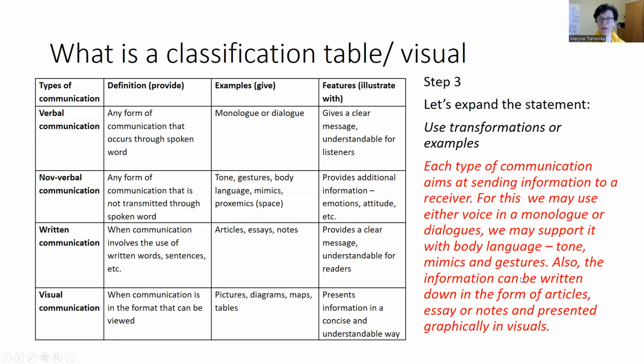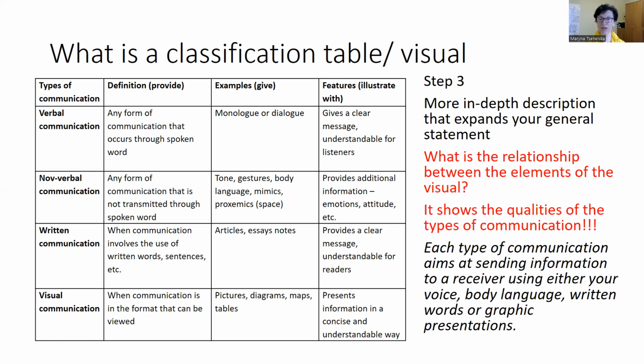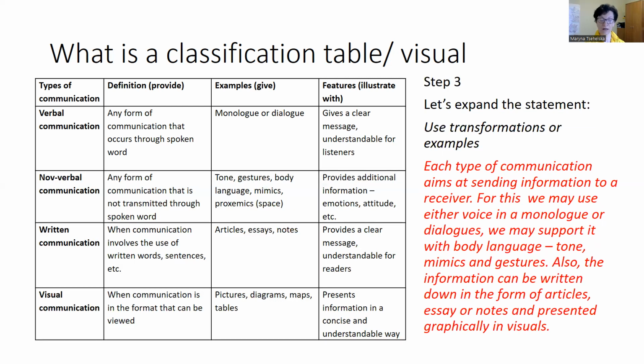Also, the information can be written down in the form of articles, essays, or notes, and presented graphically in visuals. This is the expansion of a simple statement about the relations in the table. That was a simple statement, and this is how I expanded it.